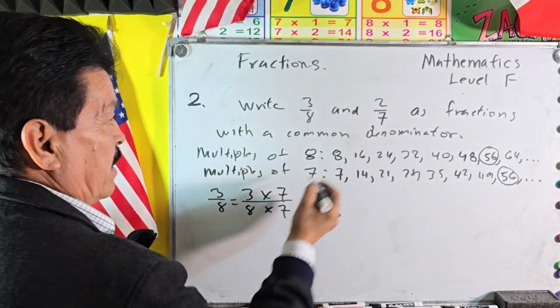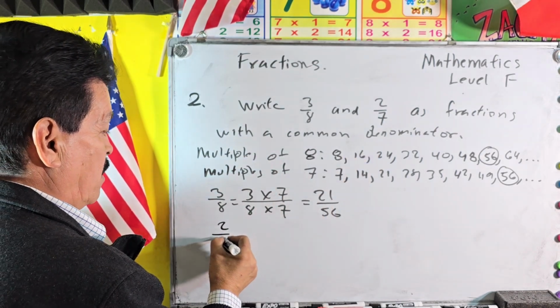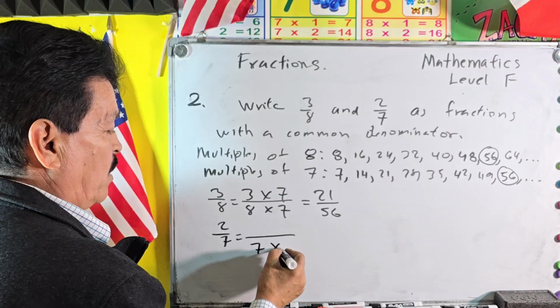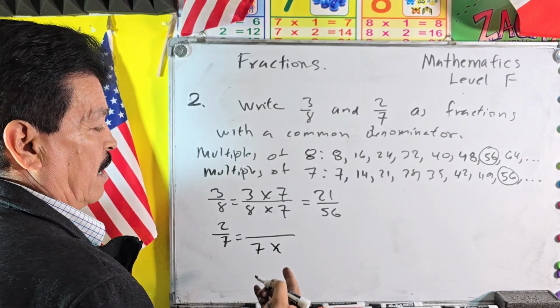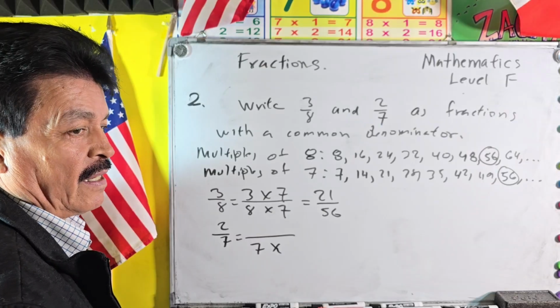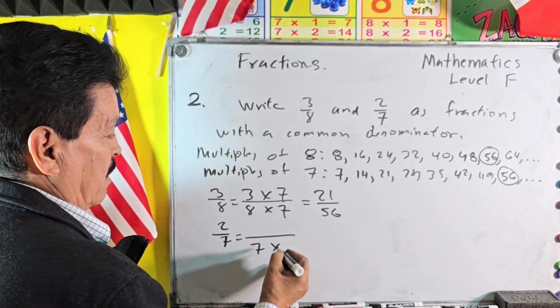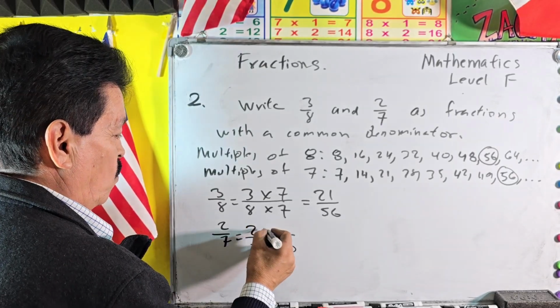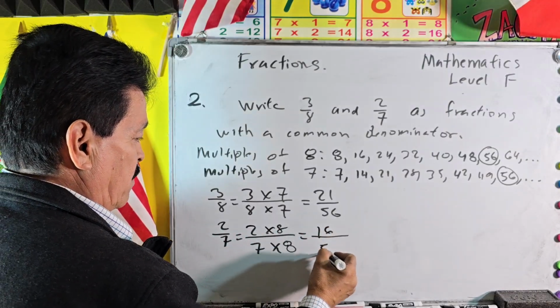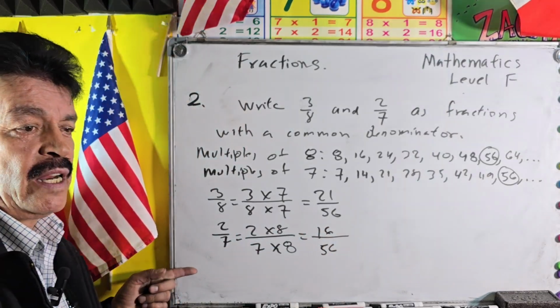Next one, 2/7 equals, we have 7 times which number is 56? It's by 8. So 2 times 8 equals 16. You have the numbers already.